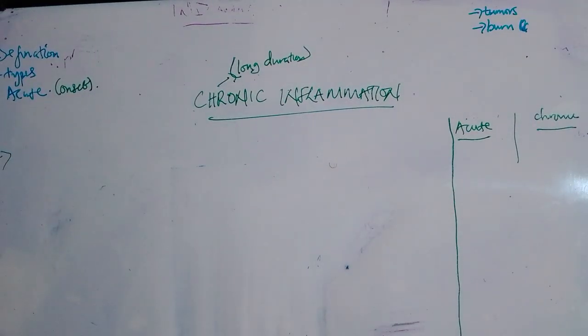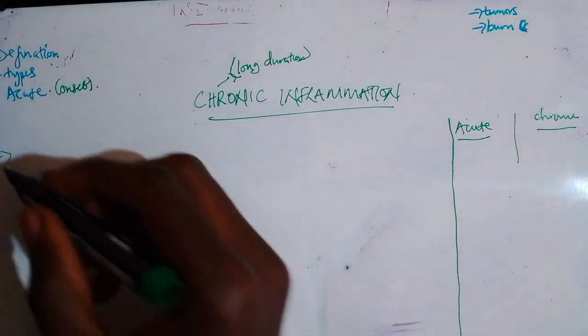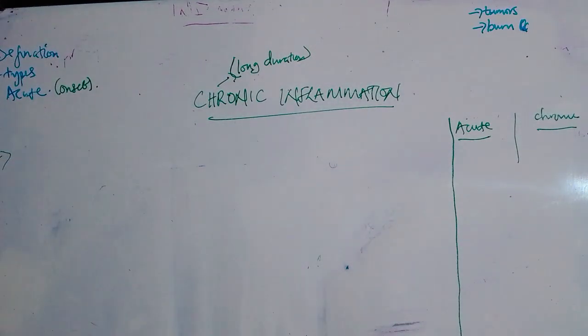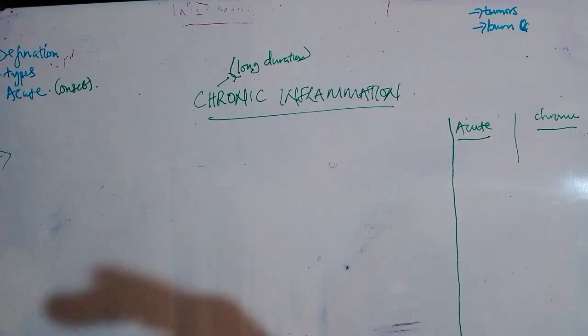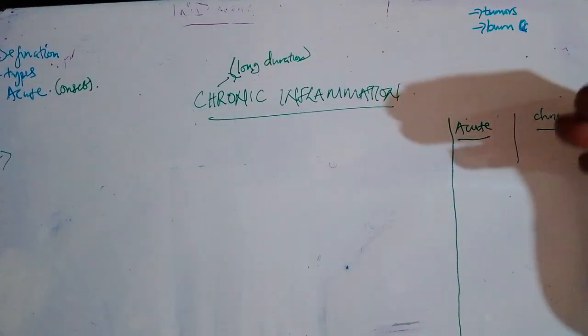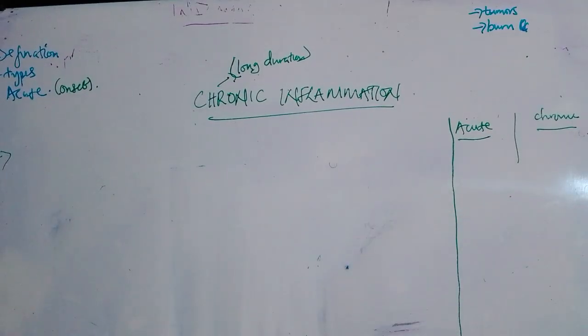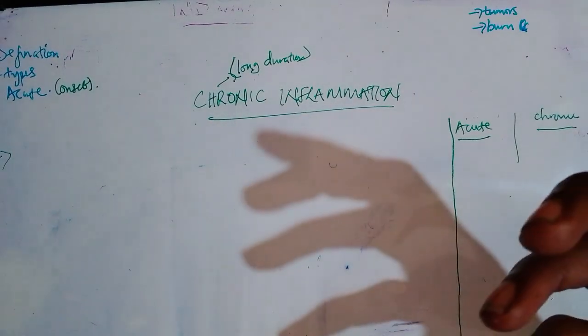We said that chronic inflammation is a longer duration or persistent response when there is tissue damage. Whenever you injure yourself, the first thing which happens is acute inflammation. Your body will try to repair it fast.